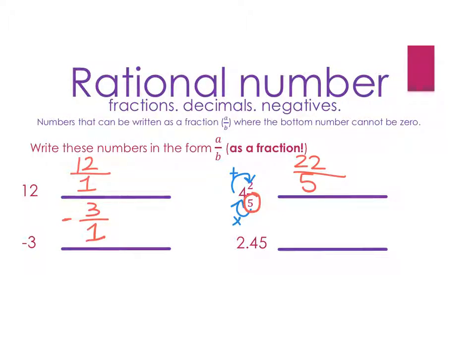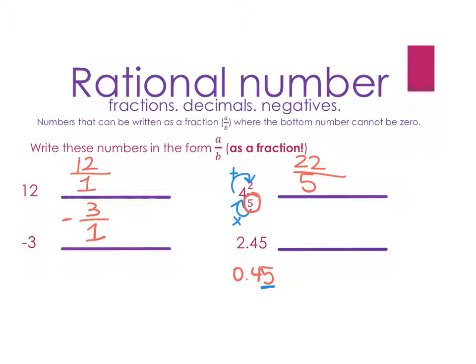Our final number is 2 45/100. So I know that yesterday we talked about how to change a decimal into a fraction. We learned that, let's say I had 0 in front and 45/100. Well, all I do is look at the number that is furthest to the right, and I say, okay, what place value is it?